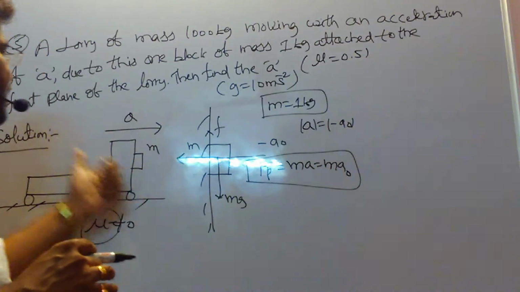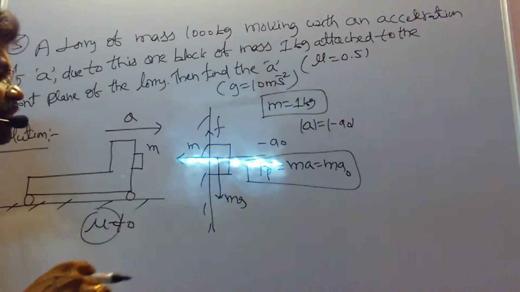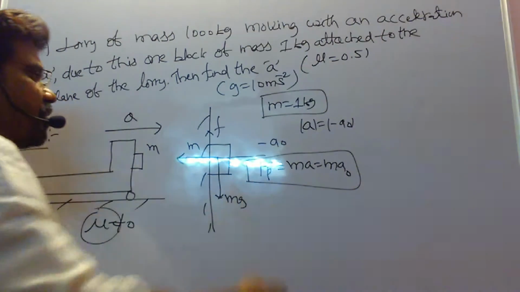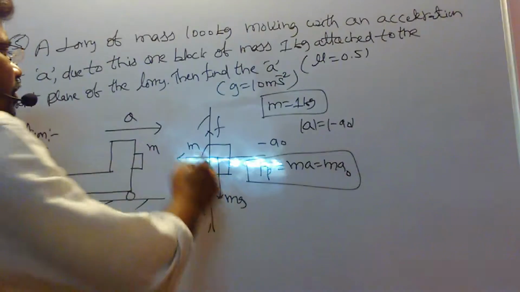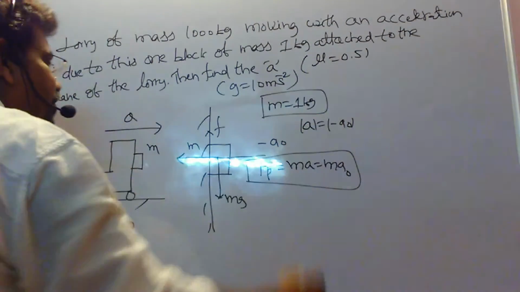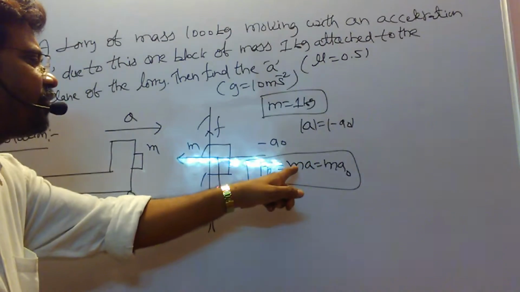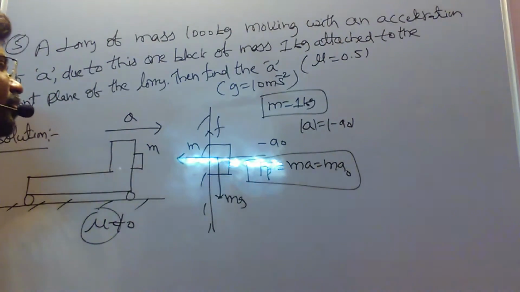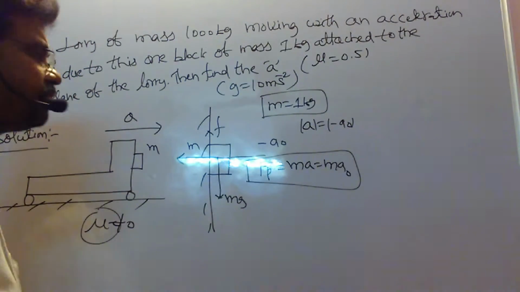The pseudo force is exactly opposite to the acceleration direction, so the generated acceleration is minus a naught. The magnitudes are equal but opposite in direction. For a block of mass m, the pseudo force is m a naught.